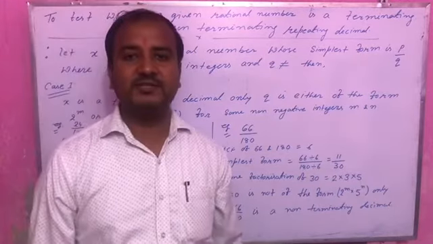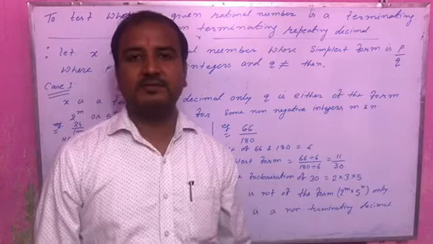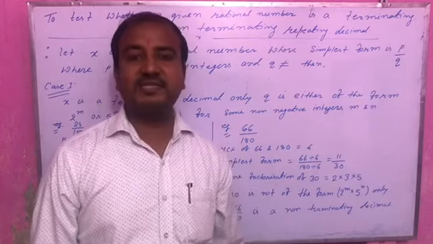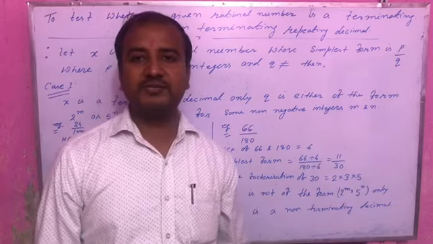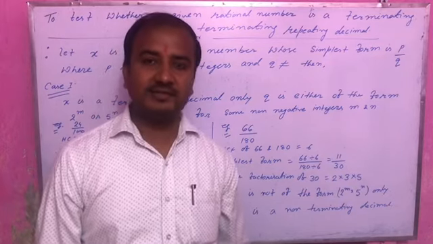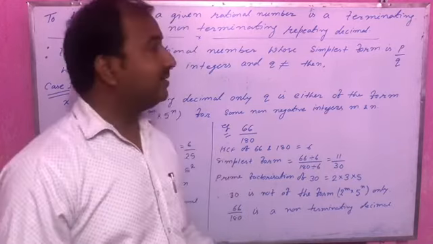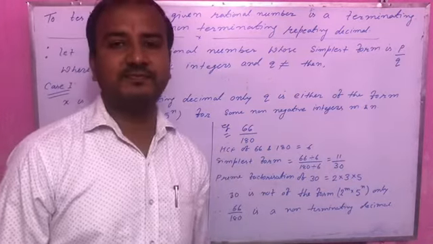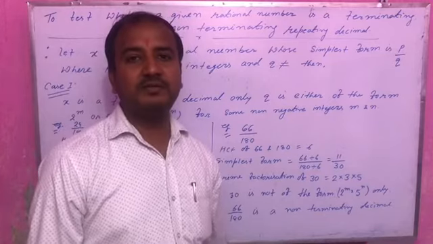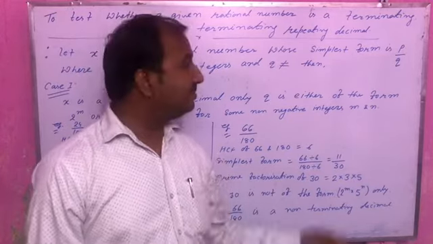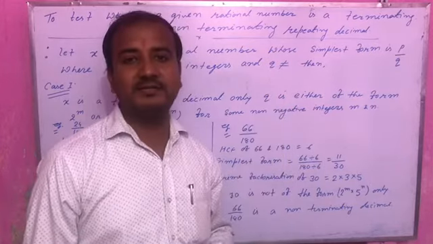Well, good morning students. In this video, what we will discuss is for the students of standard 9 as well as for the students of standard 10. This topic we will have to learn in standard 9 and in standard 10.